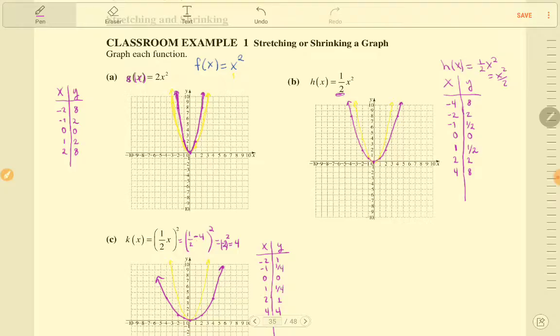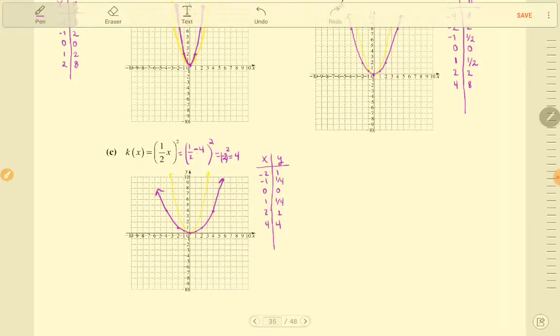Because the denominator of 2 was not being squared. So there was a less of an effect making it stretch horizontally. Here, when it was inside with the x, that squashing effect is more intense or stronger for each step.